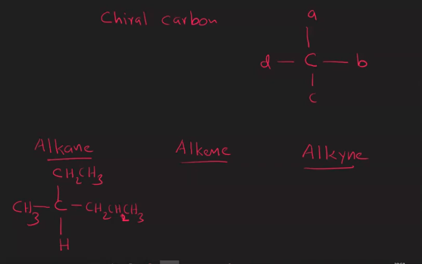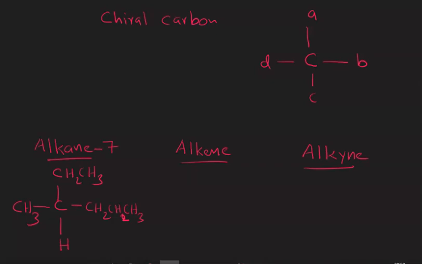H, CH3, CH2 CH3 and CH2 CH2 CH3. So this is chiral. How many carbon atoms are there in total? 1, 2, 3, 4 plus 3, 7. So for an alkane there should be minimum 7 carbon atoms to show optical activity.